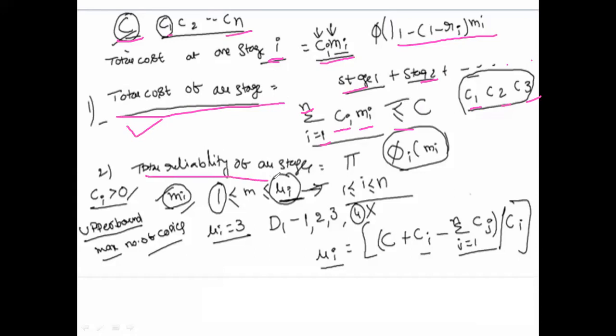Next one, the reliability of the stage. Total cost we have found. Next one, reliability. Reliability means here we are going to find the upper bound. Upper bound means what is the maximum number of copies we have to make in stage 1, and what is the maximum number of copies we have to make in stage 2.